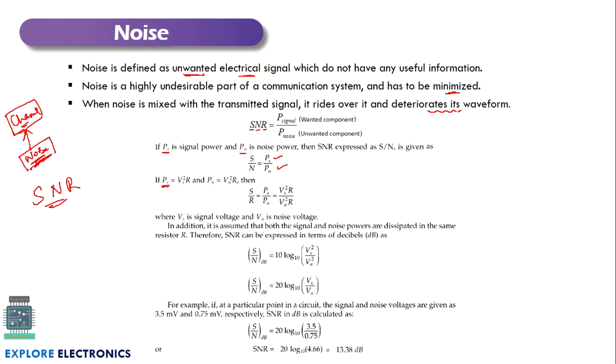So what is PS? Power of the signal, we can write it as Vs squared by R, and noise power can also be written as Vn squared by R. So Vs squared by R divided by Vn squared by R. Here Vs is the signal voltage and Vn is obviously the noise voltage, and R is the resistor, as we are taking the dissipation of this power in the same resistor R. If the signal is passed through this resistor, the power it dissipates is PS.